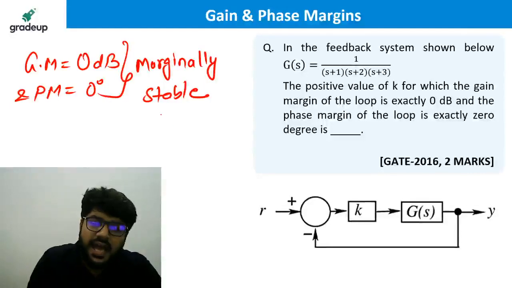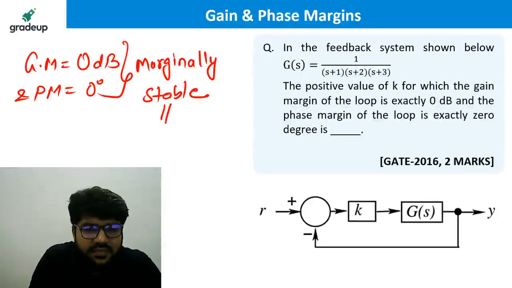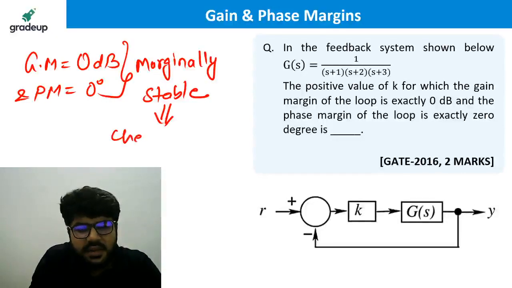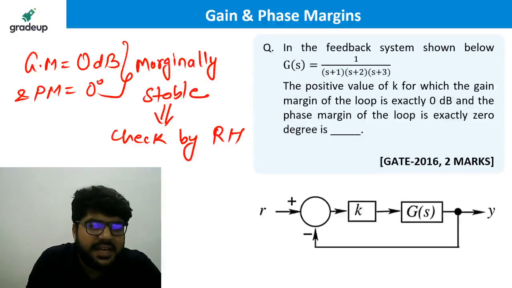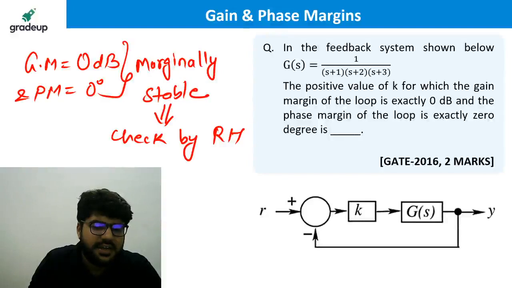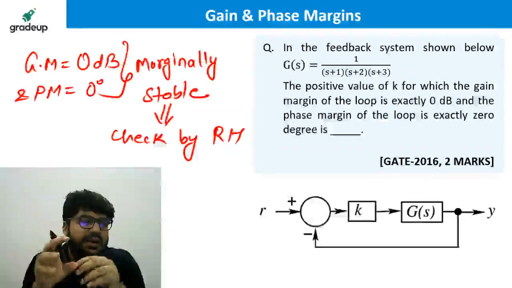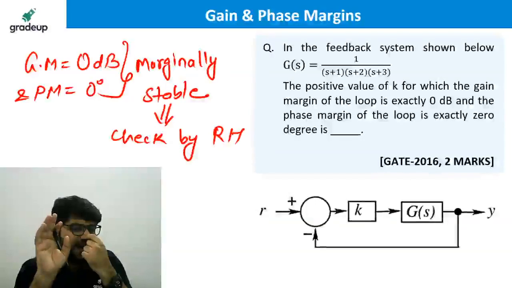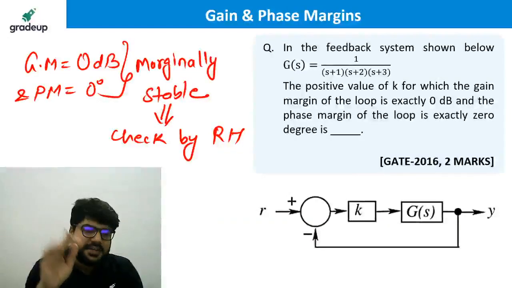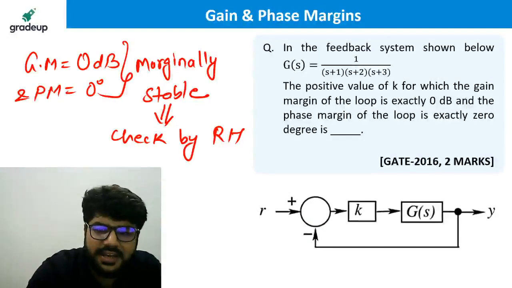To check whether the system is marginally stable, for what value of k, you can use the RH criteria. No need to involve the gain and phase margin calculation. The gain margin and phase margin are just given so that you can compare that the system is marginally stable.